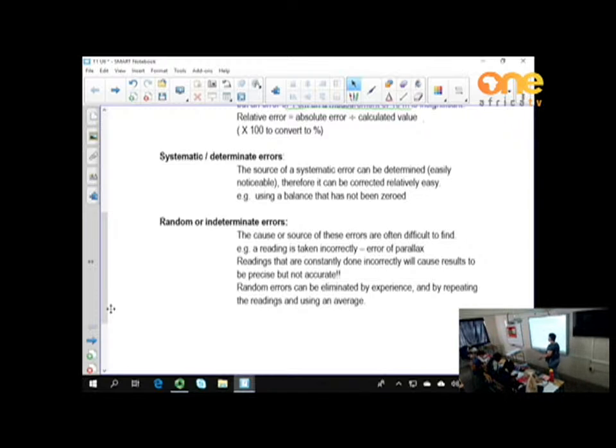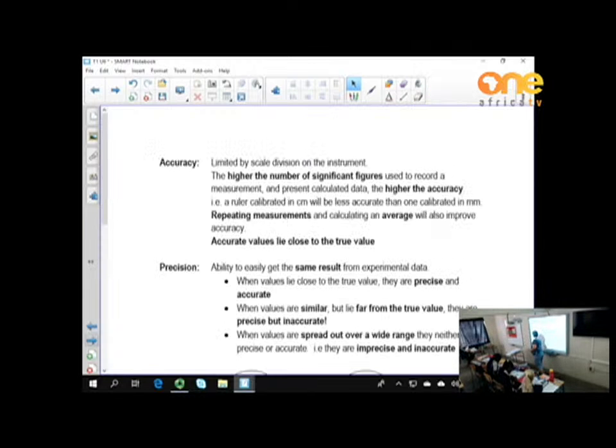Random or indeterminate errors are more difficult to pinpoint. We don't really know where they lie. Sometimes we've just taken a reading incorrectly, or you didn't concentrate and made an error.